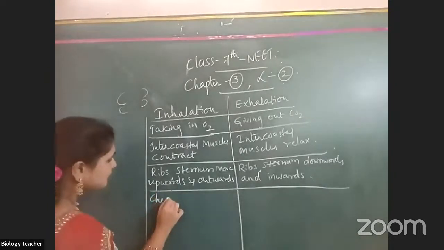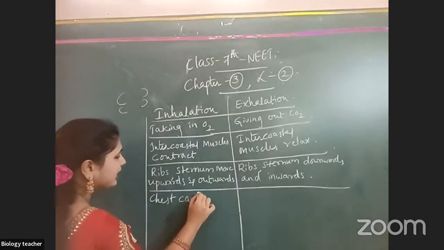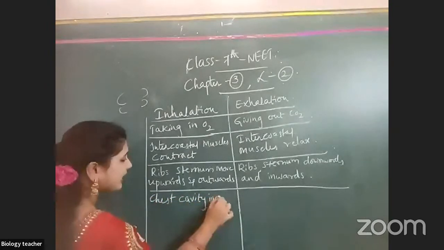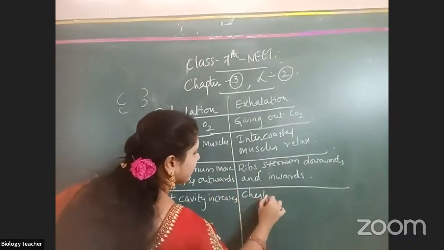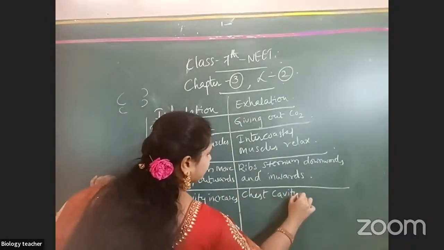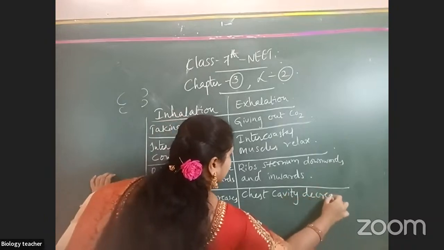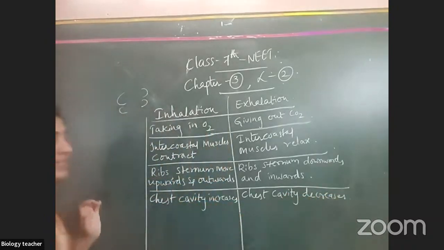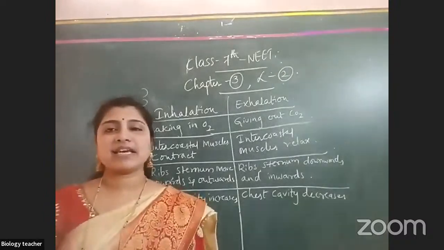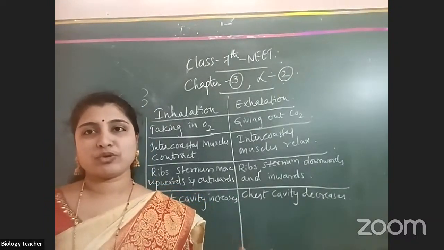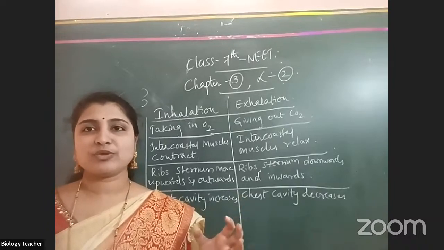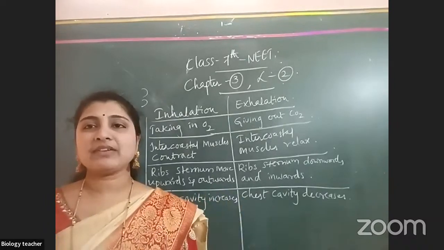So what happens to the chest cavity? Here it increases. Chest cavity increases, chest cavity decreases. In your 7th class general science textbook also, an activity is there.